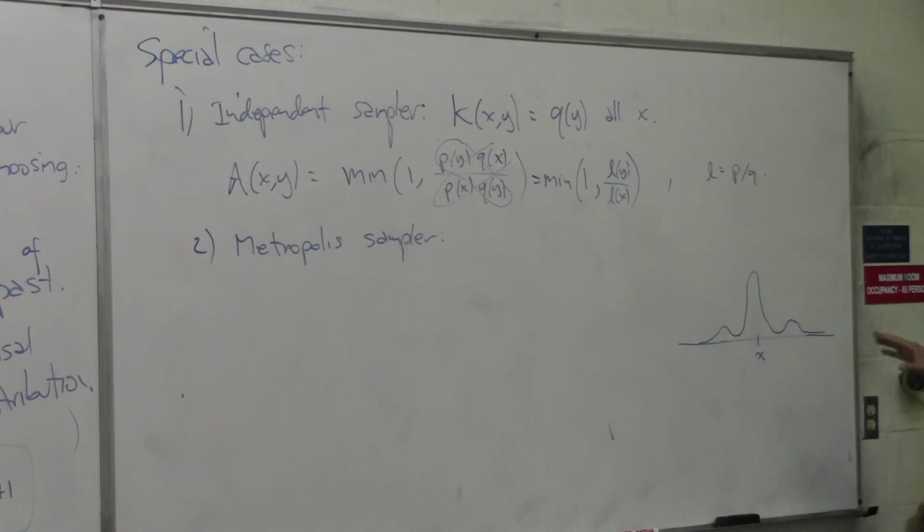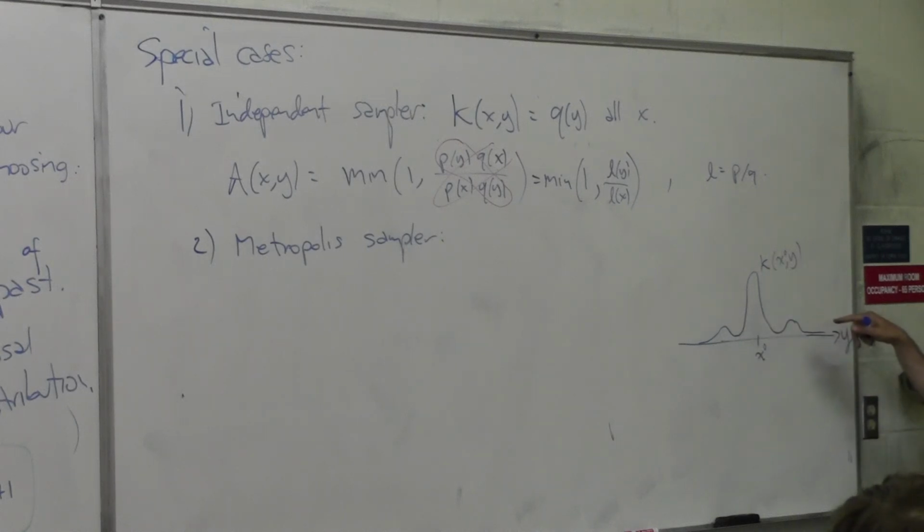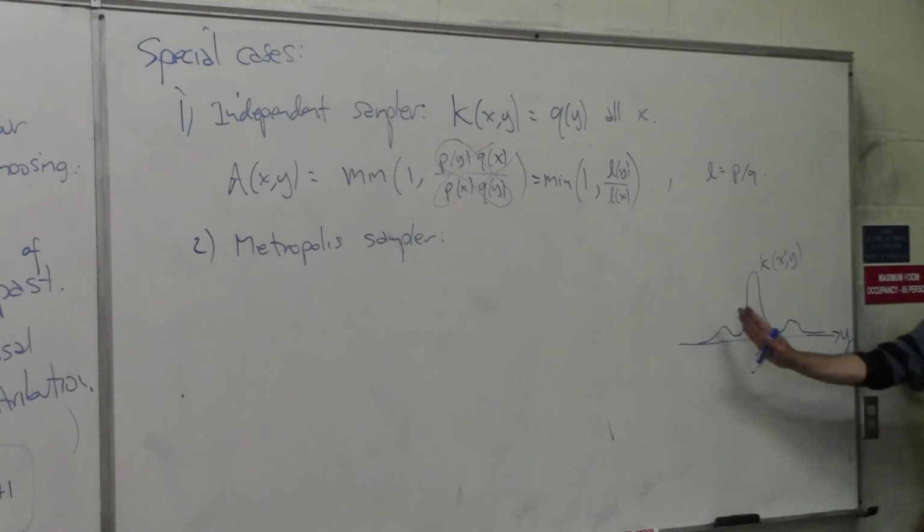So the Metropolis sampler, your k x to y is this. I'm taking a point x, and I'm sketching for you k x to y as a function of y. x is fixed. So I'll put a knot there just to emphasize I'm fixing a particular x. And what's special about this is that my proposal distribution is centered around the previous state, and you see the symmetry.